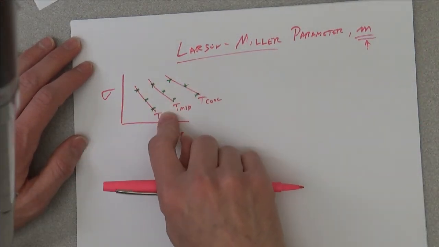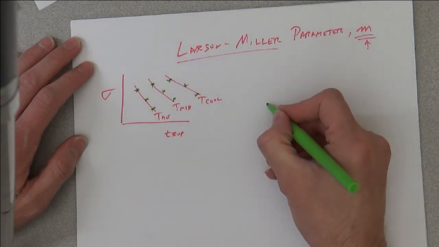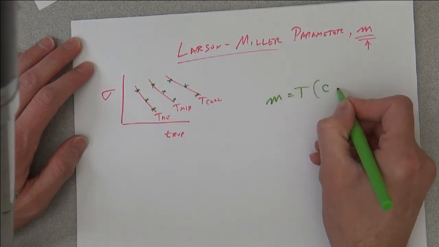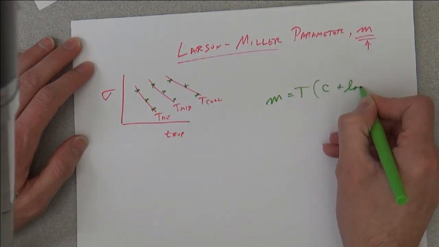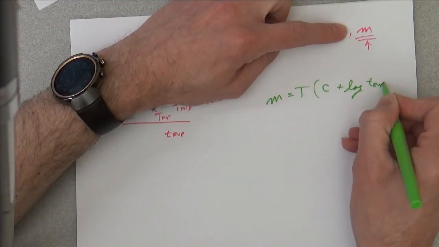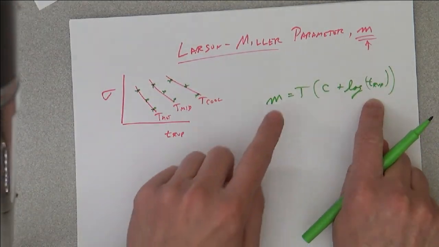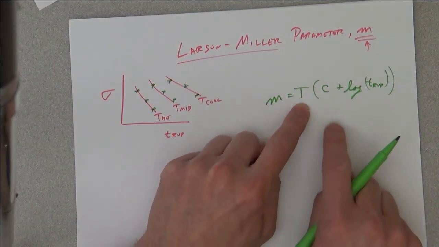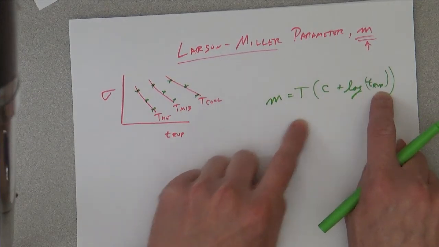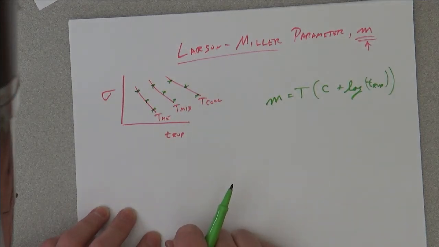Well, you can use these with the Larson-Miller equation. M is equal to T times (C plus natural log of the rupture time). That's the Larson-Miller parameter, that's the temperature, that is a constant, we'll come back to that, and that's the time to rupture. So this can all come from a few curves.